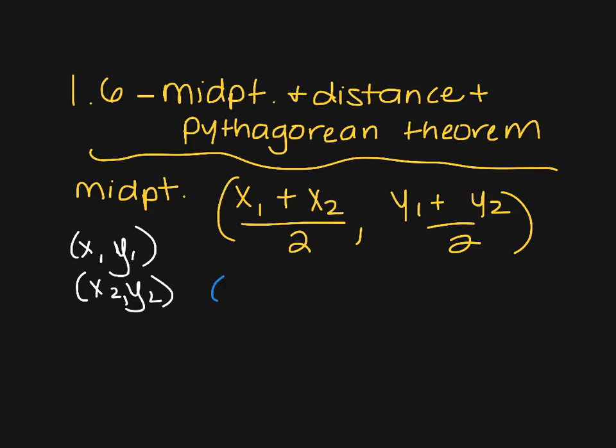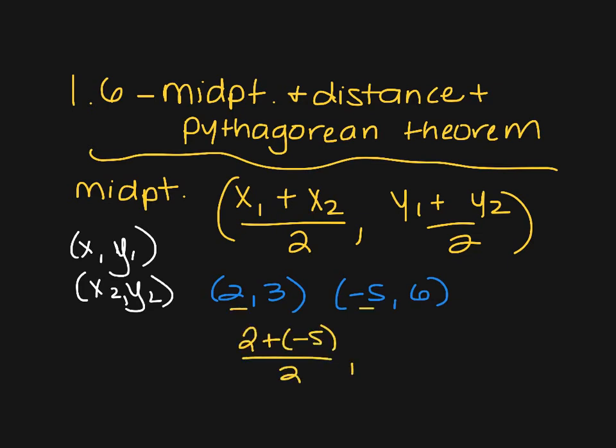So if I had something like 2, 3, and -5, 6, then I would add my two x's together, 2 plus -5, and divide by 2, and then add my two y's, 3 plus 6, and divide by 2. So I'd get -3/2 and 9/2.